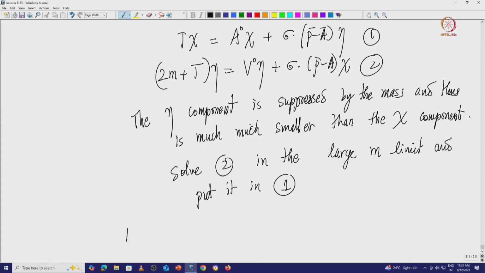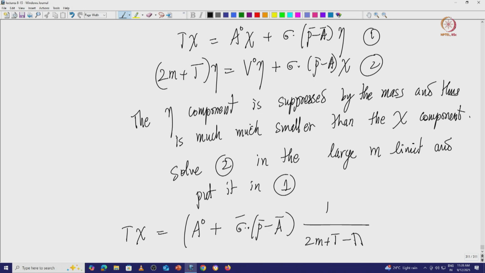This gives me T chi is equal to A0 plus sigma dot P minus A, 1 by 2m plus T minus A0, sigma dot P minus A bar, times chi.